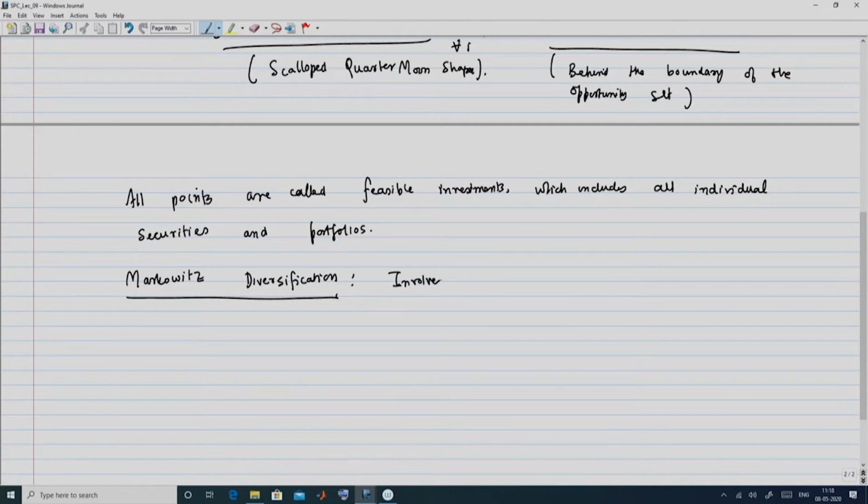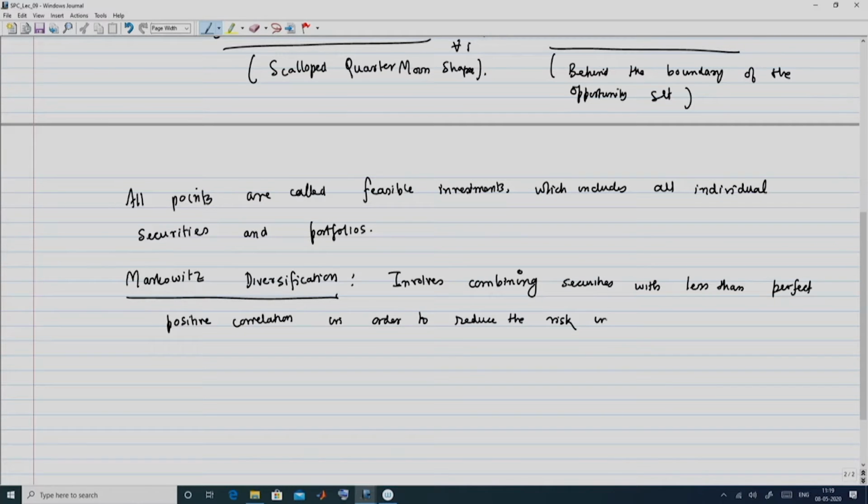So, Markowitz diversification involves combining securities with less than perfect positive correlation in order to reduce the risk in the portfolio without sacrificing any of the portfolio's expected return.